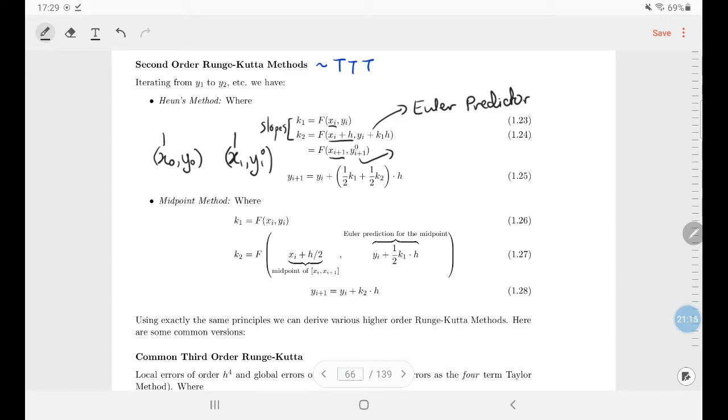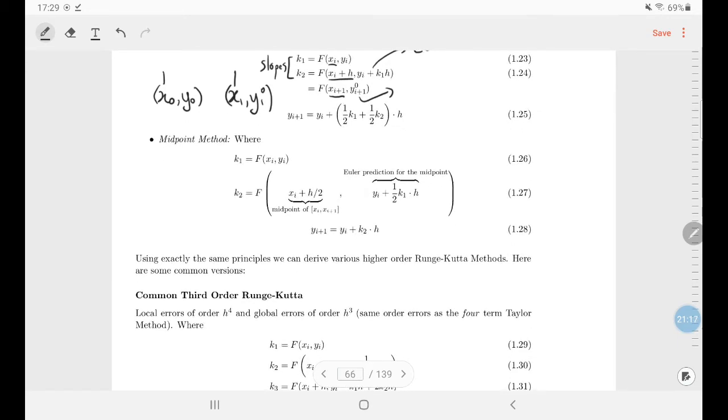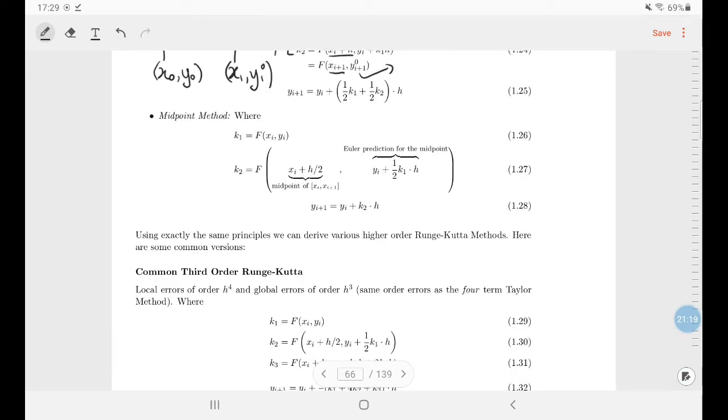You compare those two. The midpoint method in full needs an Euler predictor for the midpoint, so you do need this initial slope. You travel along halfway. Now I'll use xi and xi plus 1.